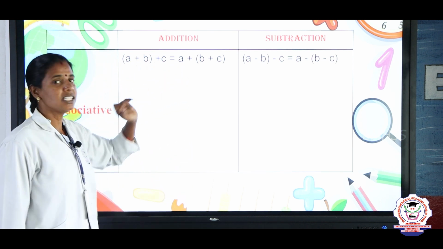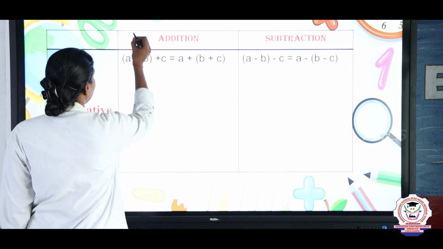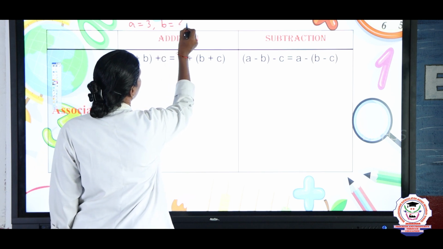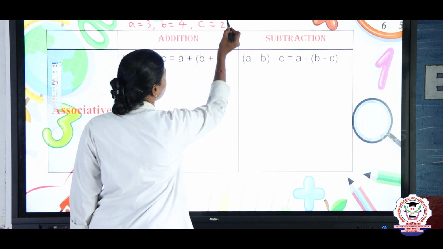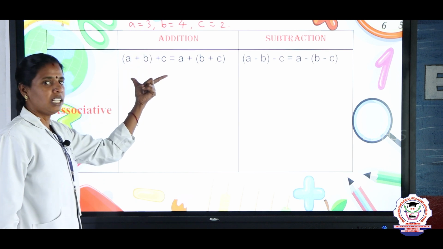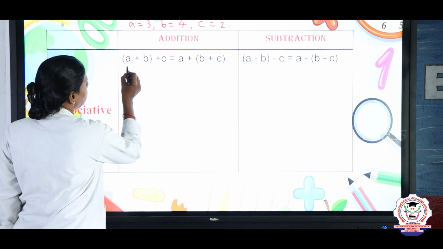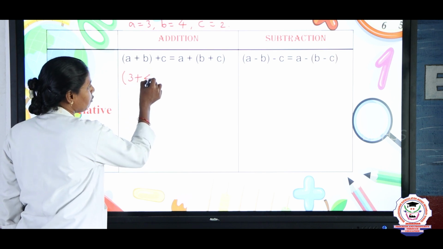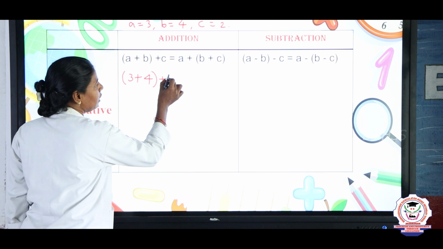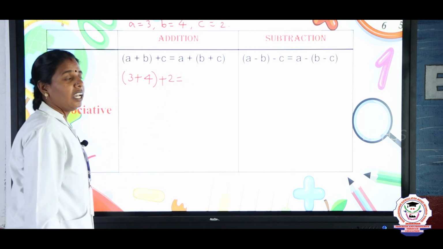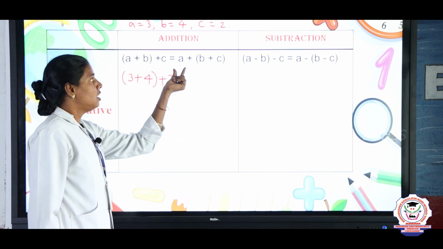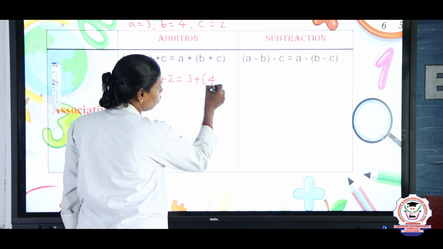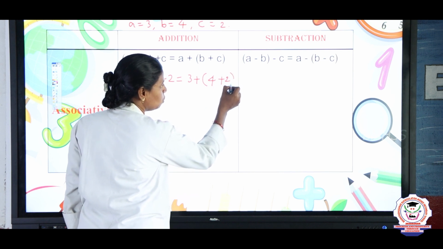Right? Let me consider some values for a, b, c: a equal to 3, b equal to 4 and c equal to 2. Just substitute these values in the addition for associative property. (3 + 4) + 2 = 3 + (4 + 2).